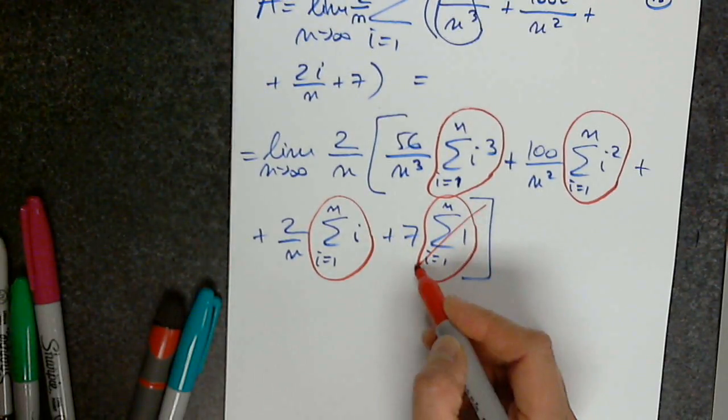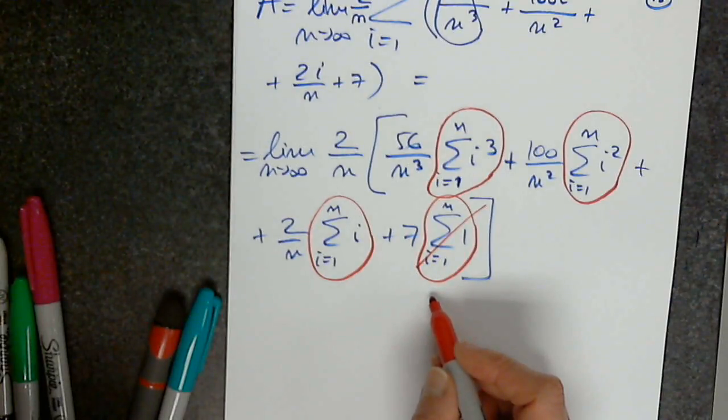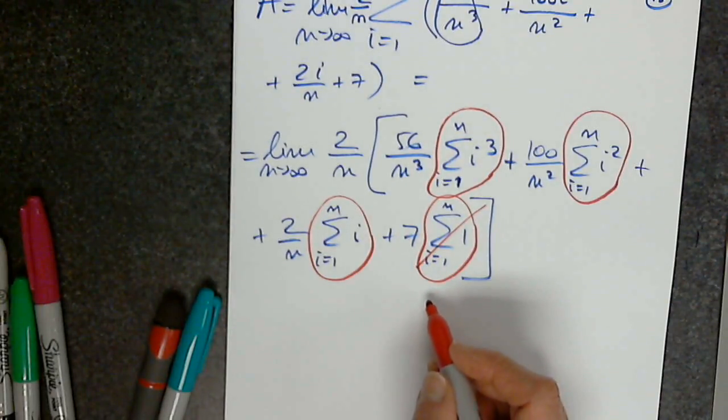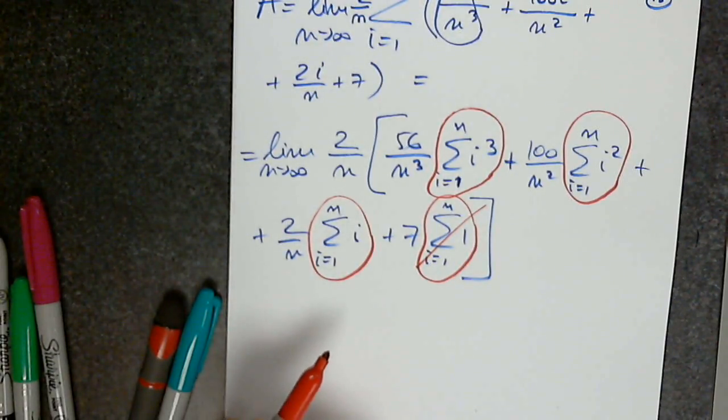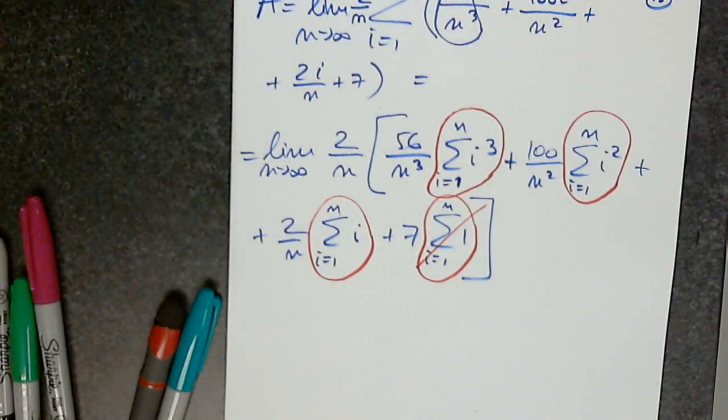What can I replace this by? Say it again. There are 4 formulas that we have. We have them in 5.1, although in your book they are in 5.2 actually.